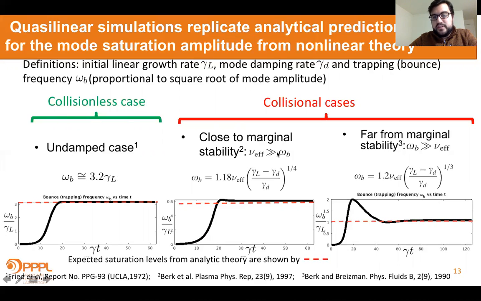The other two are collisional cases with damping: one analytically calculated near marginal stability, the other far from marginal stability. In all three cases, the amplitude, normalized by the bounce frequency, recovers the expected saturation level. For all three limiting cases we know what the saturation level should be.